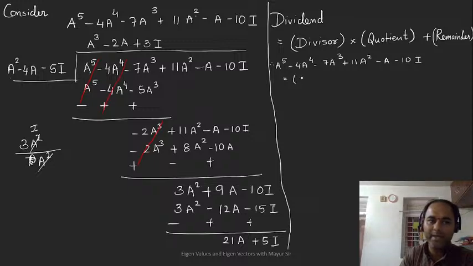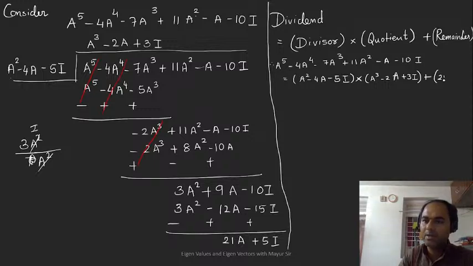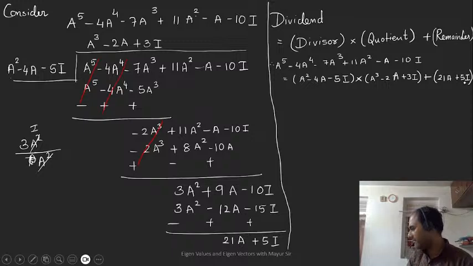Divisor is a square minus 4a minus 5i. Quotient is a cube minus 2a plus 3i, and remainder is 21a plus 5i. Okay, this is the thing that we have got.